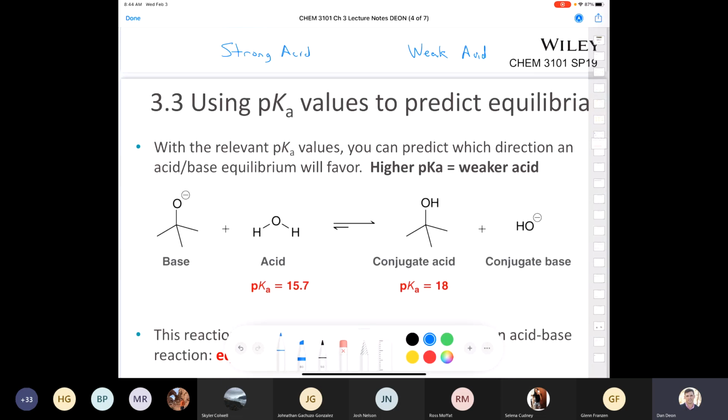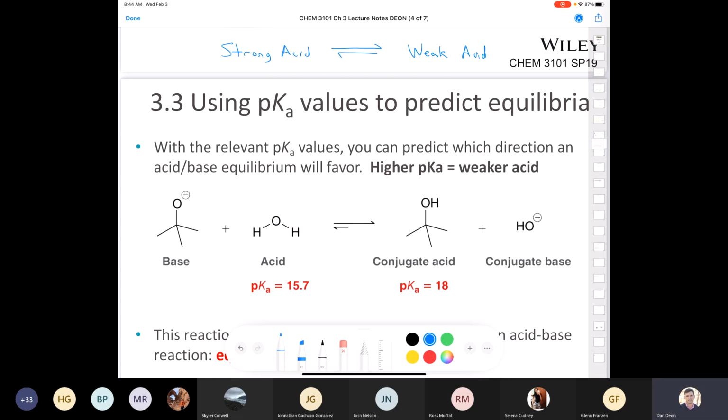They weren't where you guys are. These guys had already studied a whole semester of organic chemistry. And I said, you have a strong acid and a weak acid. Could you tell me which side the equilibrium would lie to? Will it lie to the side of the strong acid or the weak acid? I'll just throw that out there to you guys. Could anybody tell me? Which side would it lie to?